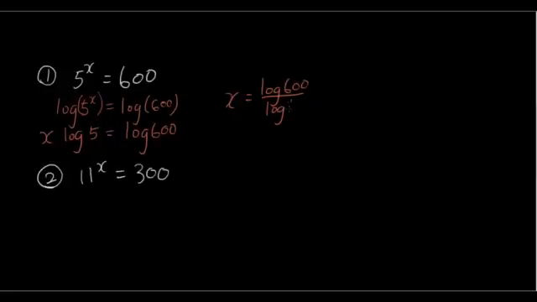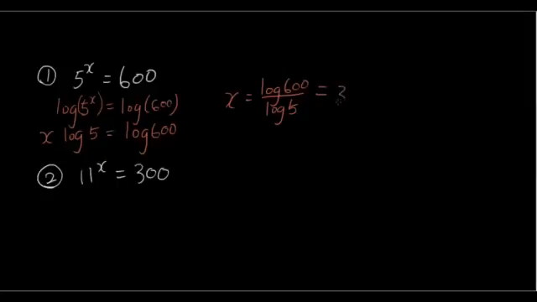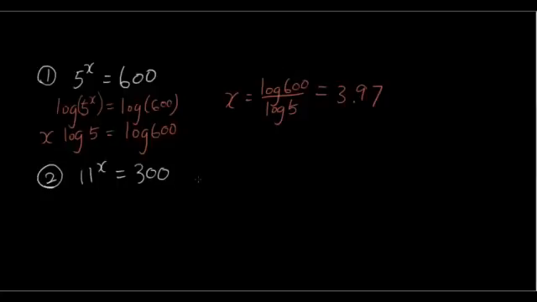And using the calculator, log 600 over log 5, that's 3.97. Let's see if that makes sense. So 5 to the power of 3.97. Yep, close enough.